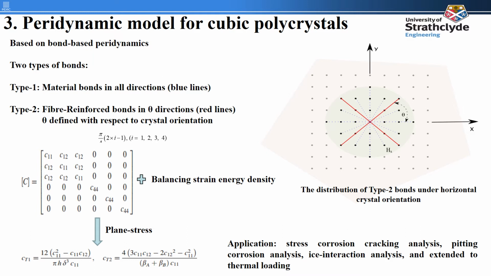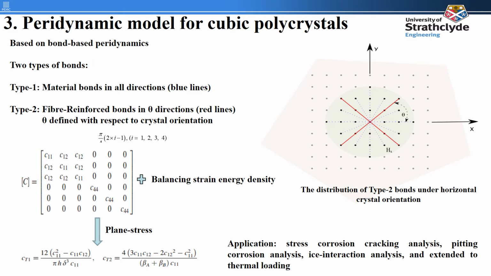Based on bond-based peridynamics, we built a model for cubic polycrystals. There will be 2 types of bonds. On the one hand, fiber-reinforced bonds will be defined according to the orientation of the crystal. On the other hand, there will be material bonds in all directions.